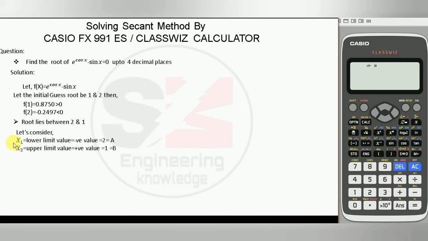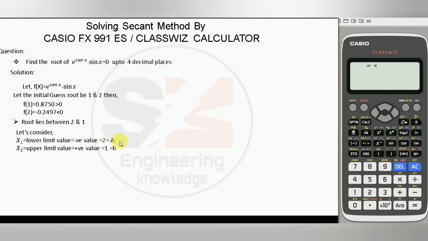Then let's consider x1, that is the lower limit value, the negative value. The negative value means this value, which is equal to 2, is equal to a. The variable a is denoted in the calculator.